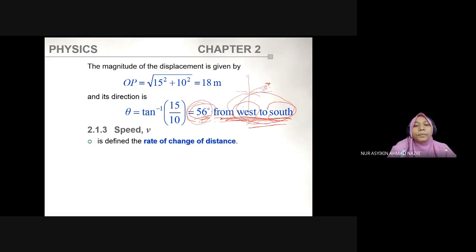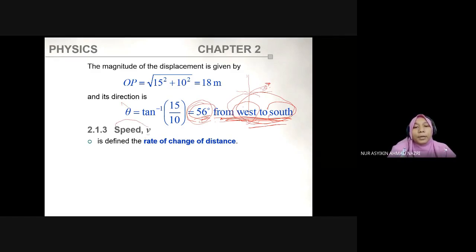Okay. Alright, next kita akan masuk the parameters. One of the important parameters juga yang akan kita deal untuk motion, yang akan affect kita punya motion ataupun movement, which is speed.